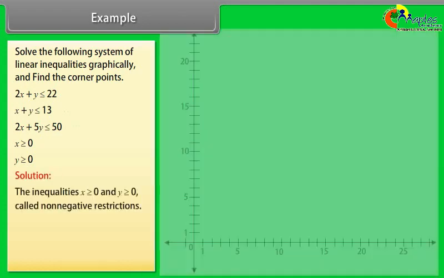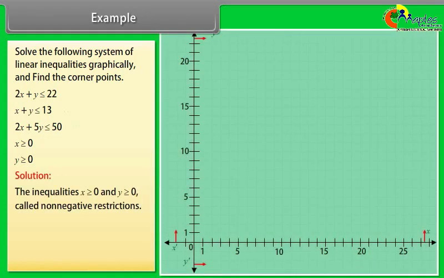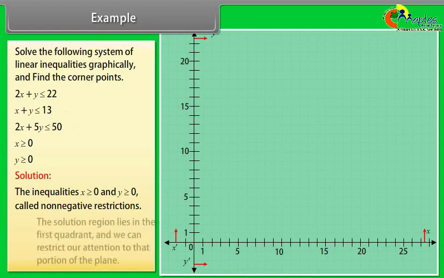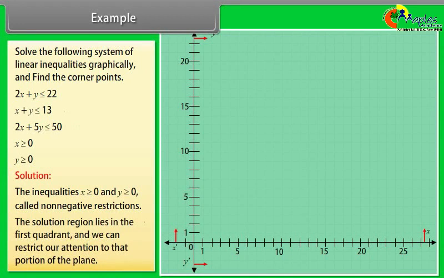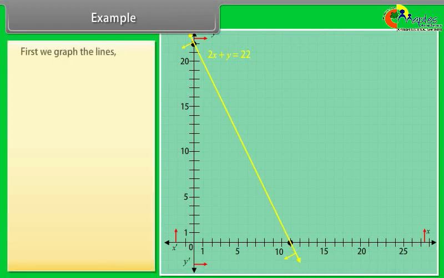Solution: the inequalities x greater than or equal to 0 and y greater than or equal to 0 are called non-negative restrictions. The solution region lies in the first quadrant and we can restrict our attention to that portion of the plane. First, we graph the lines as follows.